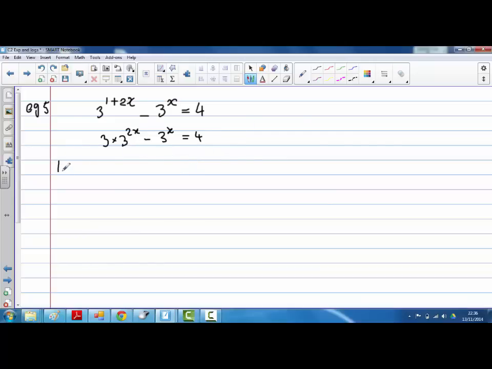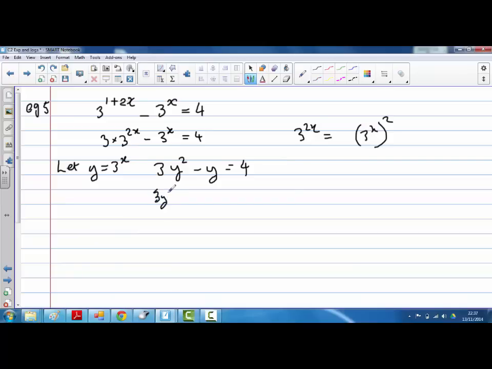And so if we were to let y equal 3 to the x, we'll have 3 times, now 3 to the 2x is simply 3 to the x all squared. And we know 3 to the x is just y, so therefore we've got 3y squared take away y equals 4. And if we were to bring everything over to one side, we get a quadratic.